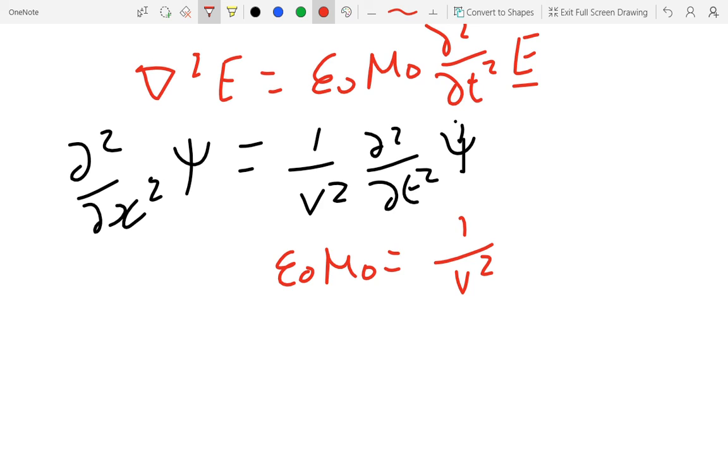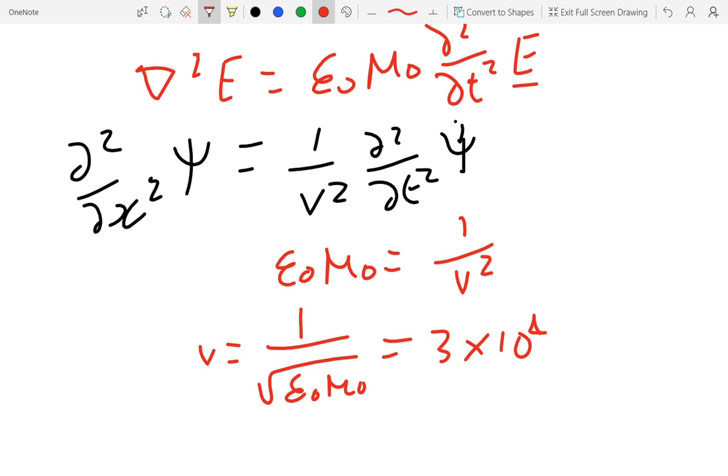If you know what the constants epsilon naught and mu naught are, then you can see that the speed of light, or the speed that an electromagnetic wave propagates, is 1 over root epsilon naught mu naught, which will give a value, if you plug the numbers in, of 3 times 10 to the 8 meters per second.